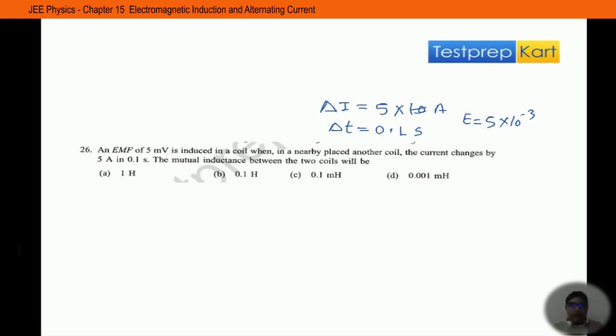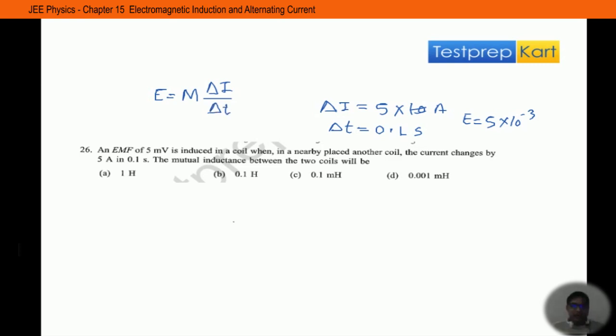We can write that the induced EMF in the second coil is equal to mutual inductance into delta I over delta T. It is a well known relation.